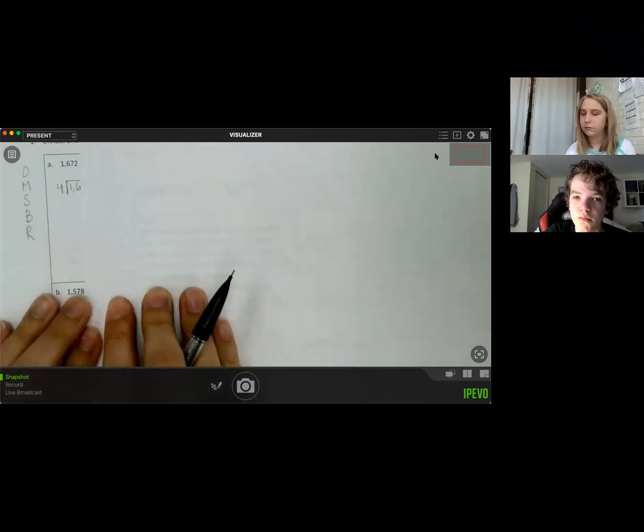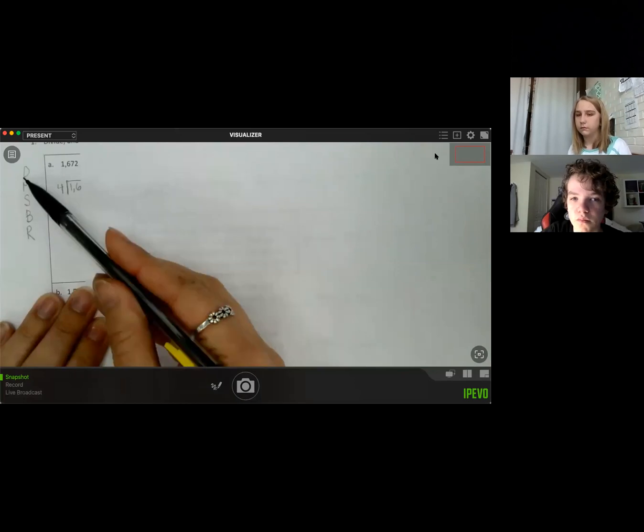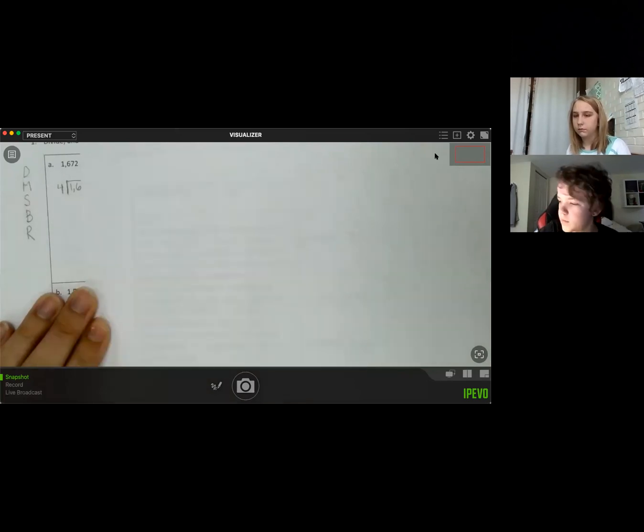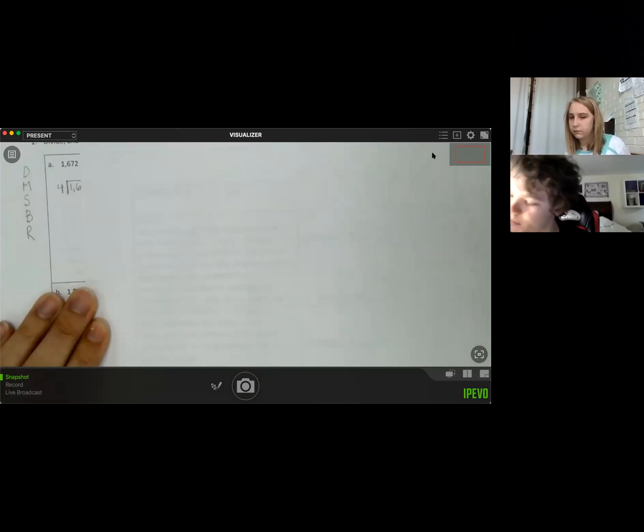I need to do my first step, which is dividing. So what question am I asking myself when I'm dividing? 4 times what number gets as close to 16 without going over? Right, 4 times what will get me close to 16 without going over.